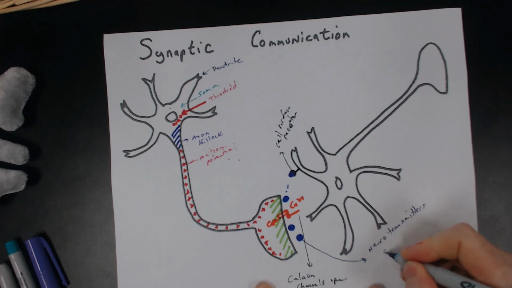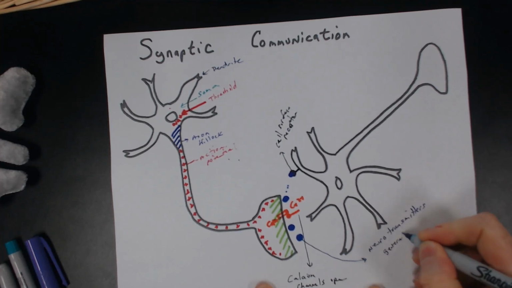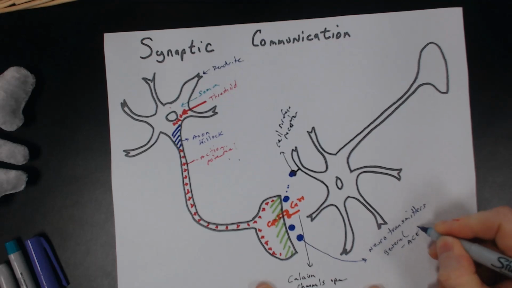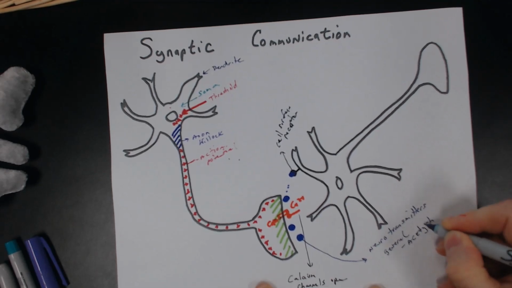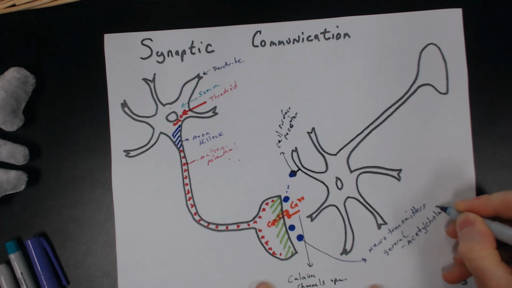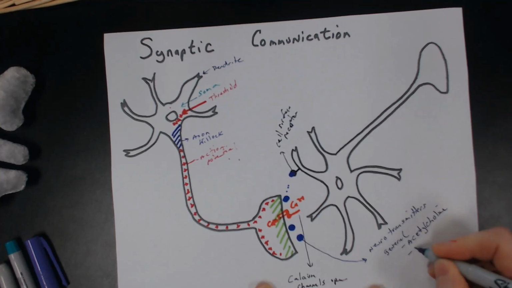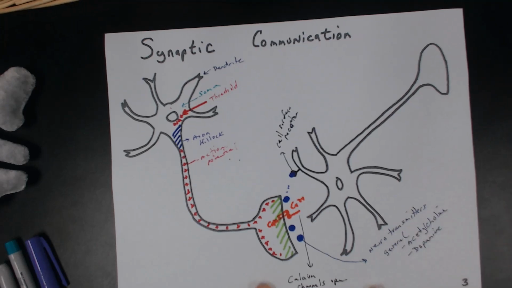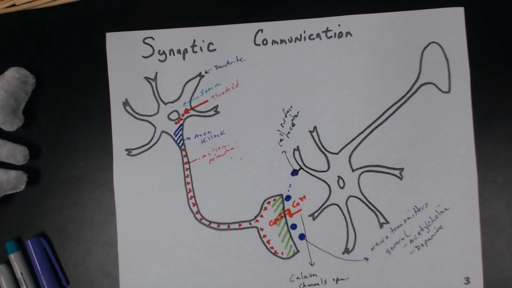So let's go with general neurotransmitters. Acetylcholine is going to be a big one, and dopamine is going to be another one. It's a general neurotransmitter we're going to get to when we get to Parkinson's. Acetylcholine is excitatory for the most part, and dopamine can be either excitatory or inhibitory.